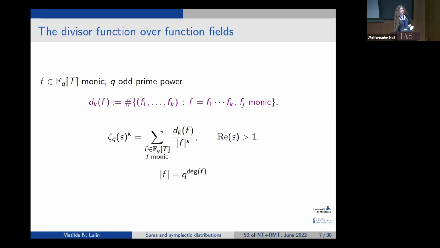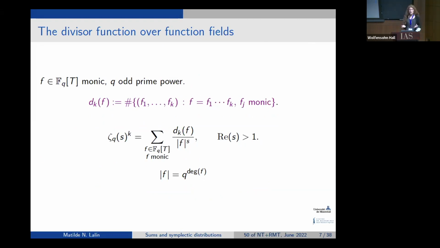Okay, so how did these conjectures come to be? Well, they came from looking at things over function fields. So basically we have q an odd prime power, and we are going to consider elements in F_q[t], so polynomials.